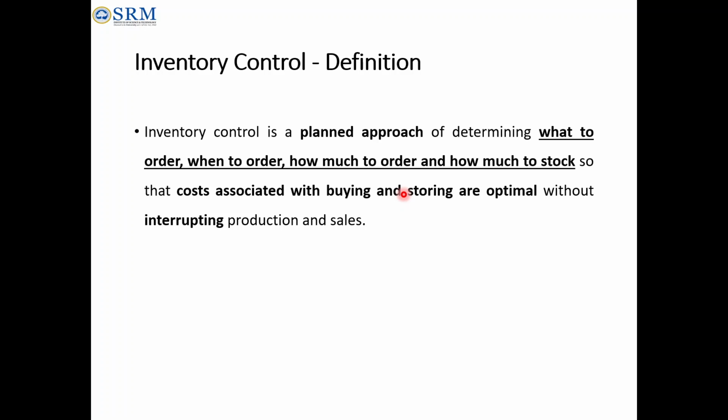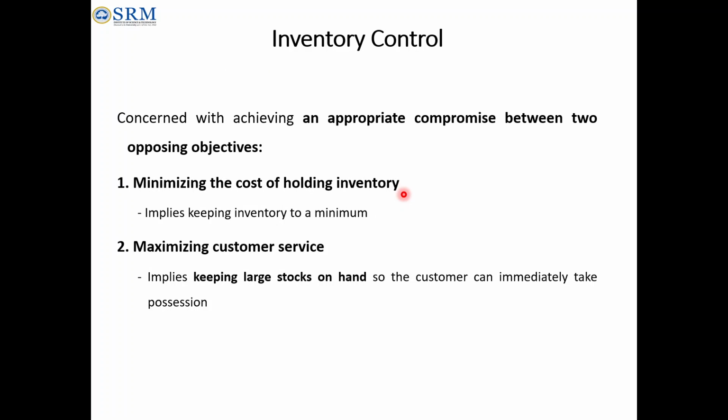We have to find the optimal cost for buying and also storing, so that we can run the production and continue the sales without any disturbances. That is what inventory control is all about.